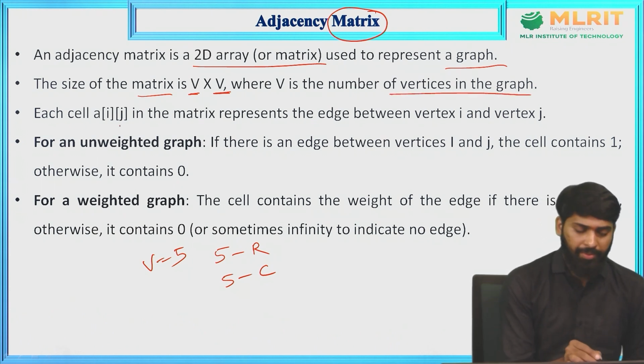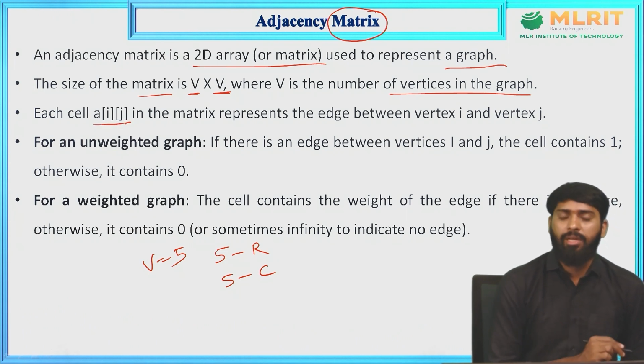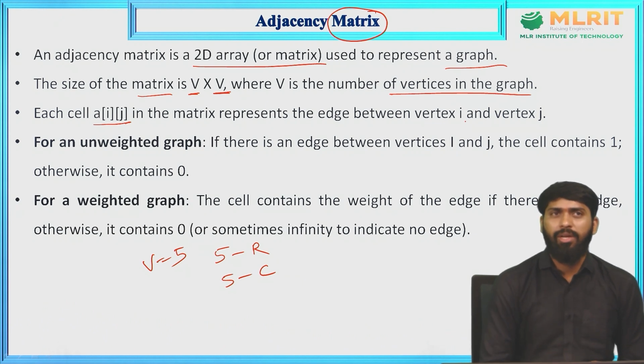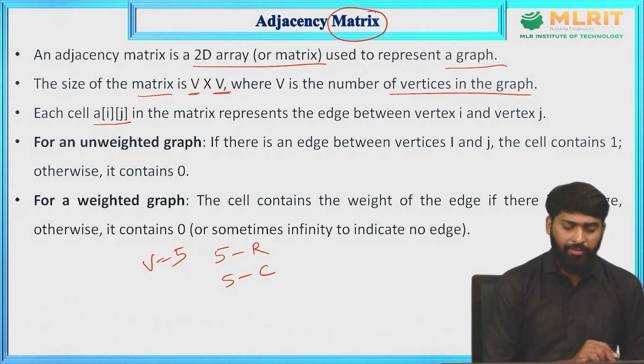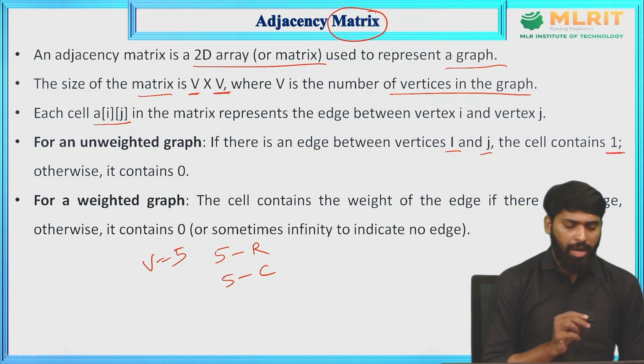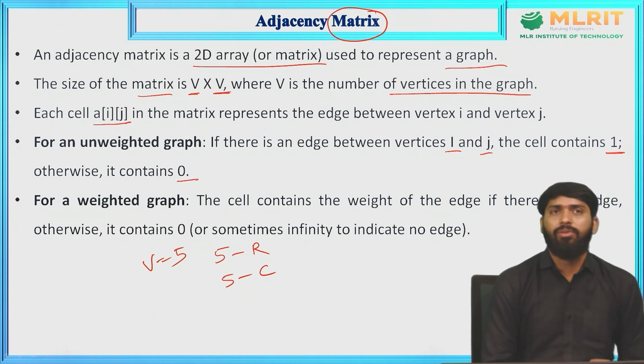Each cell A of i comma j in the matrix represents the edge between vertex i and vertex j. For an unweighted graph, if there is an edge between vertices i and j, the cell contains 1. Otherwise, it contains 0.